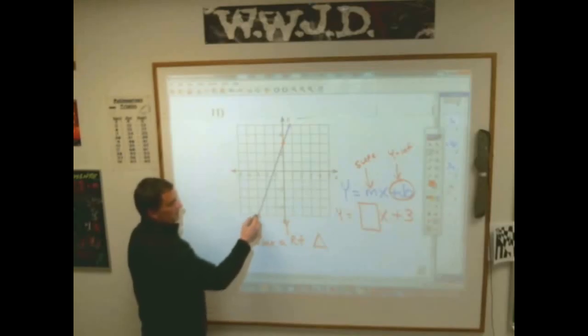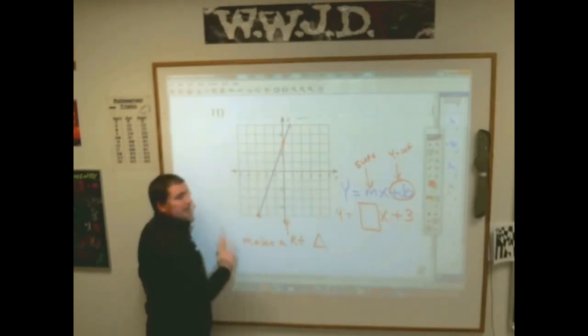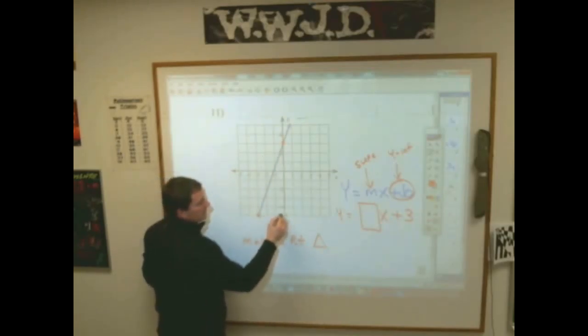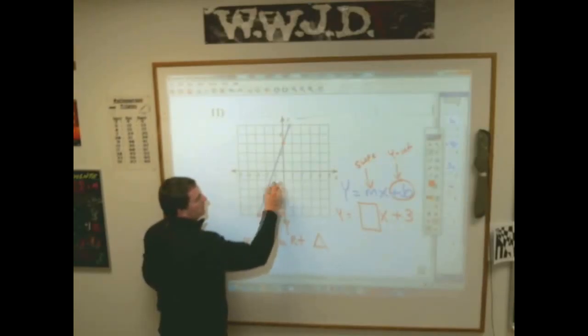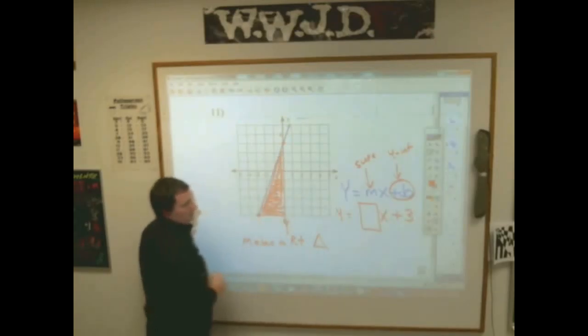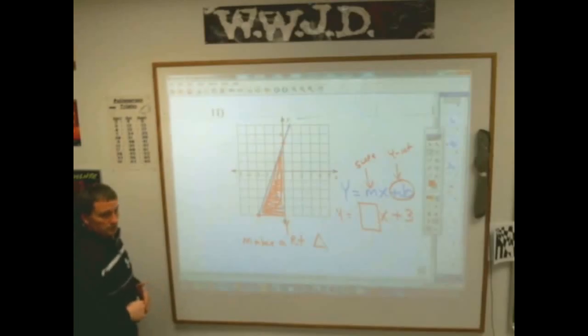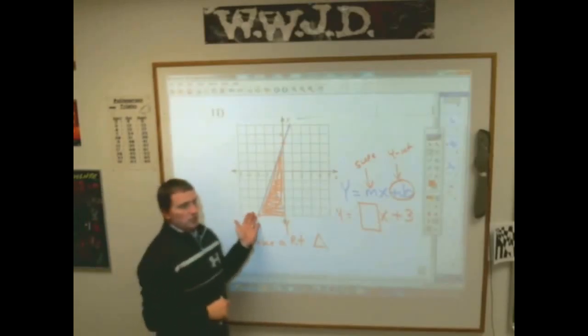So this point and this point are going to be my two points, and here's your right triangle. Your right triangle looks like this. You don't really have to fill this in on your paper, but that's the triangle I'm going to use. Is it positive slope or negative slope?